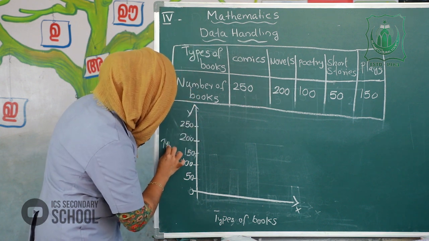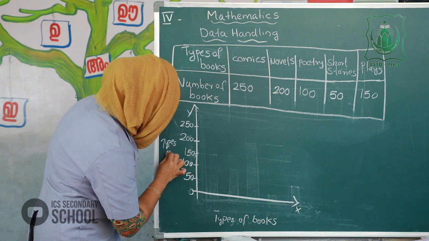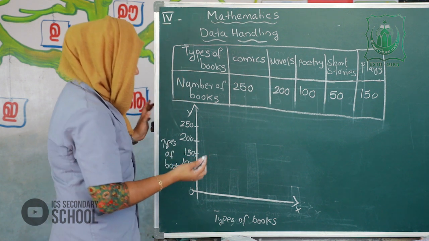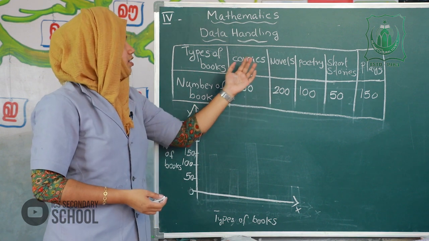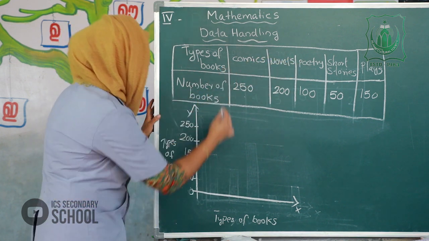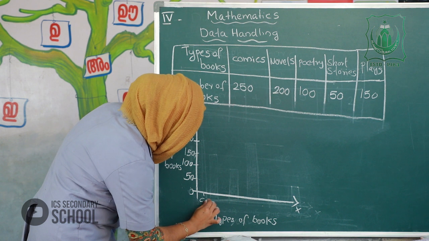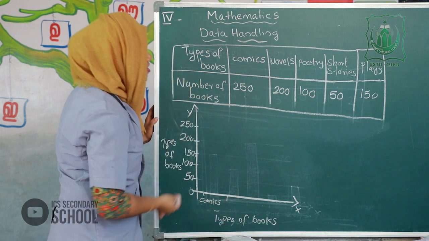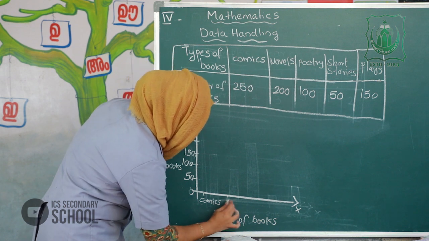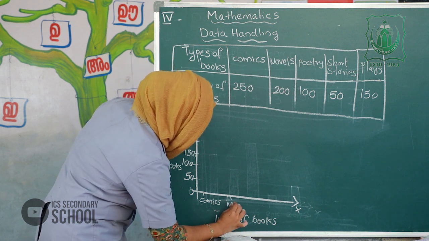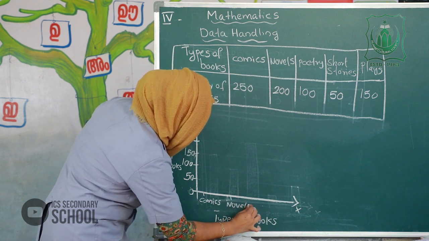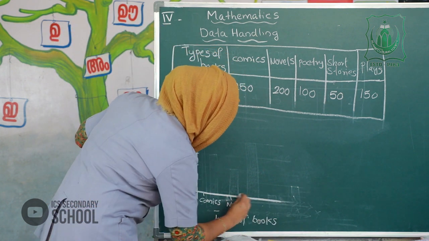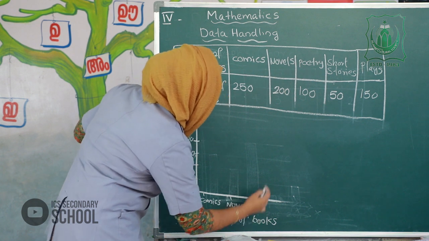Next, we have to write the names, types of books, like comics. Next, novels. And next is poetry. We can extend the line.